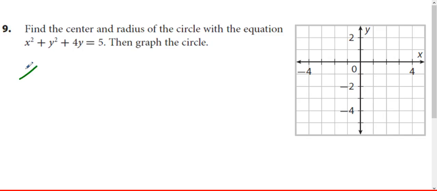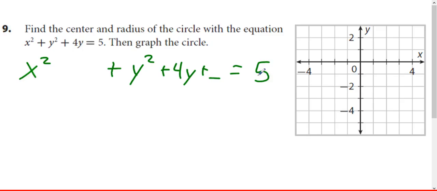So we'll do the same thing. Line everything up, get it in order. And you quickly notice that there's no regular x term. There's nothing here. That's okay. That's good, actually. It's easy. Move on to your y's. Now, the reason it's easy is because we don't need to complete the square.